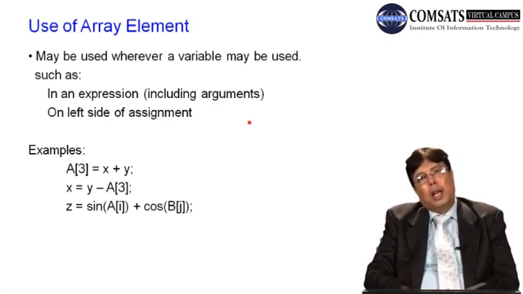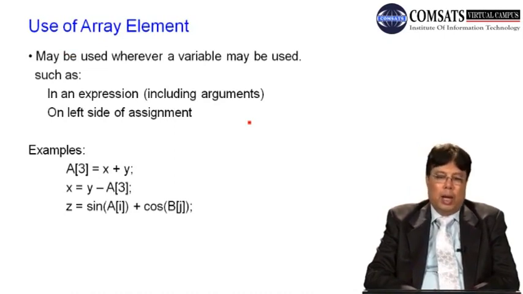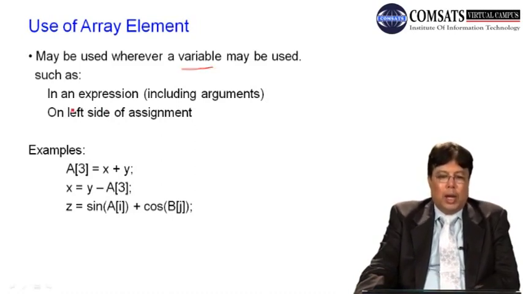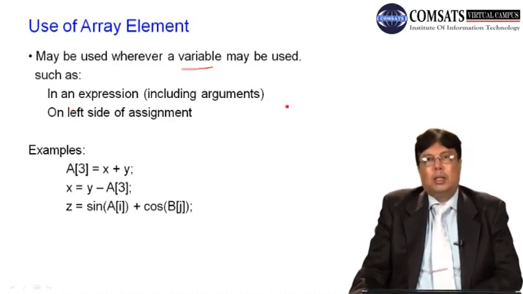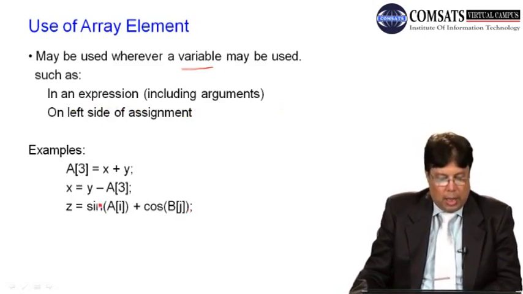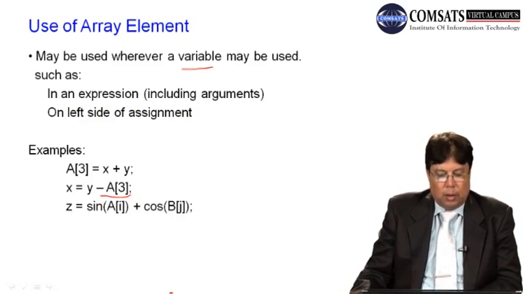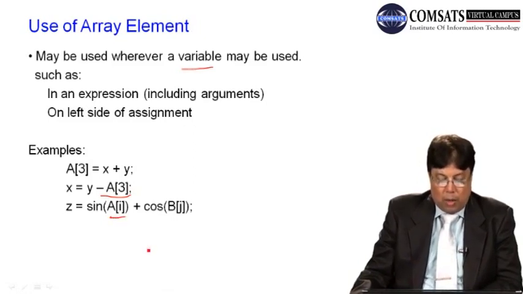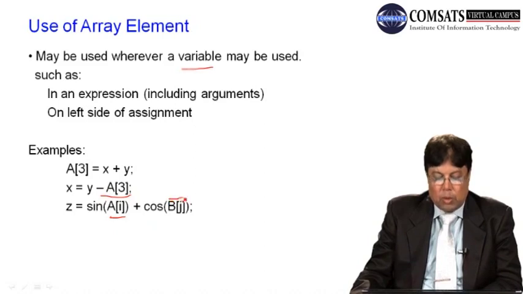हम ऑलरेडी बात कर चुके हैं कि एवरी डेटा एलिमेंट जो हर वेरिएबल अरे का है, उसको अरे एलिमेंट कहते हैं. और अरे एलिमेंट को हम ऐसे ही यूज कर सकते हैं जैसे हम किसी वेरिएबल को यूज करते हैं. Okay, so in an expression including arguments we can use it, जैसे कि यहां पर हमने यूज किया. हम इसको आर्गुमेंट के अंदर यूज कर सकते हैं. sin is a function जिसके आर्गुमेंट में हम a of i पास ऑन कर रहे हैं. cos is a function जिसके आर्गुमेंट में हम इसको यूज कर रहे हैं.